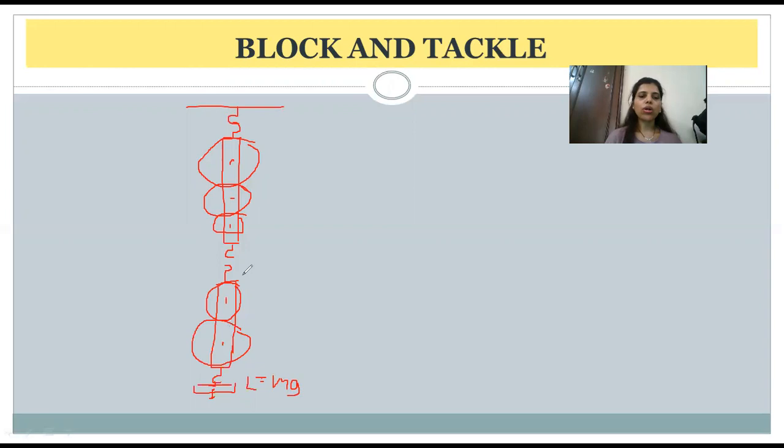Now as it is odd, the string starts from the upper side. So from here, don't attach these two. Move from here around the pulley, up pulley, then this pulley. So drawing this is very important, children. If you practice this, this is what is going to be asked in the chapter most of the time.